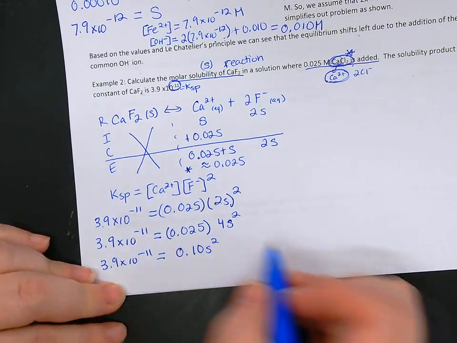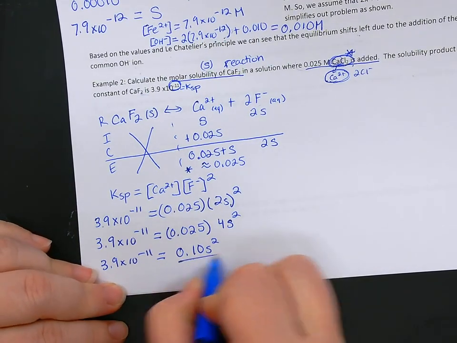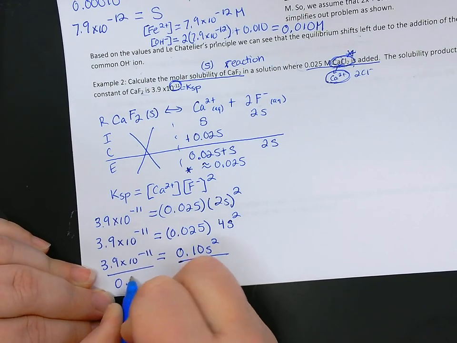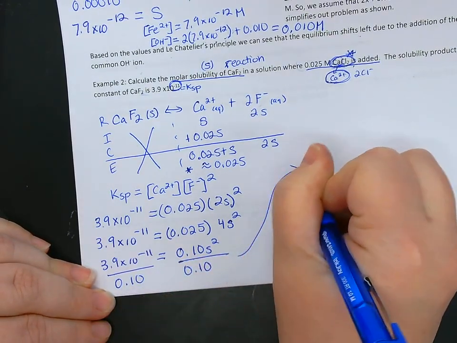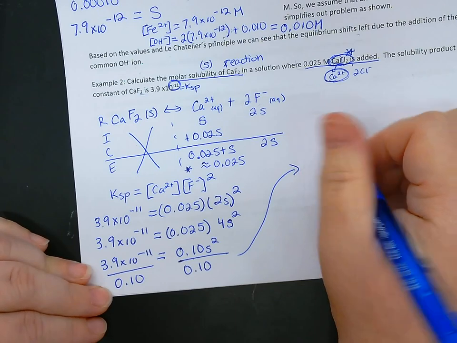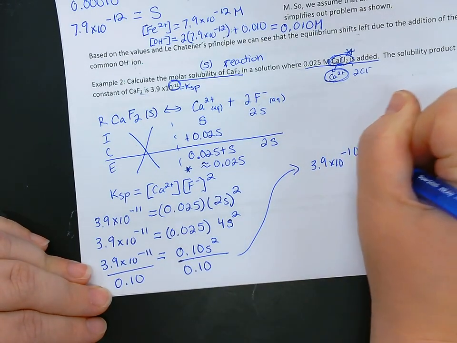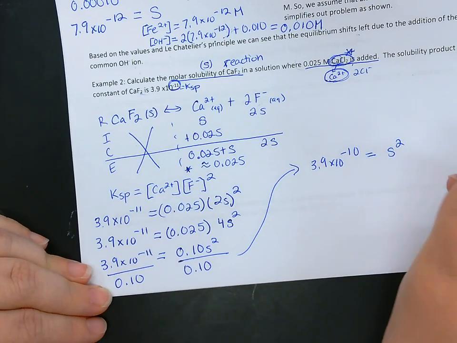All right. To simplify next, I can divide both sides by 0.10. Bring this over here. So dividing that, I get 3.9 times 10 to the negative 10 on the left and I get S squared on the right.